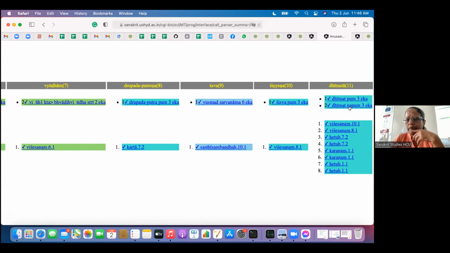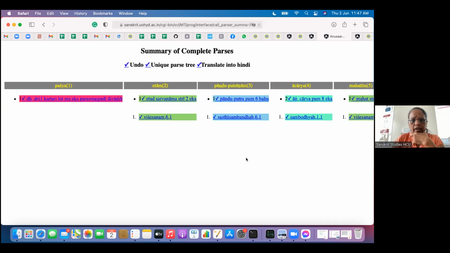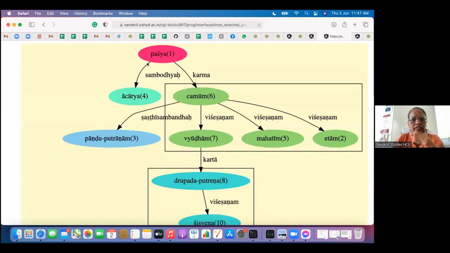And Dhimata, the intelligent, is in relation with Shishya. So Visheshana is an adjective for Shishya. I select this. And now we have a unique parse tree. So I click on this and I get the correct one.